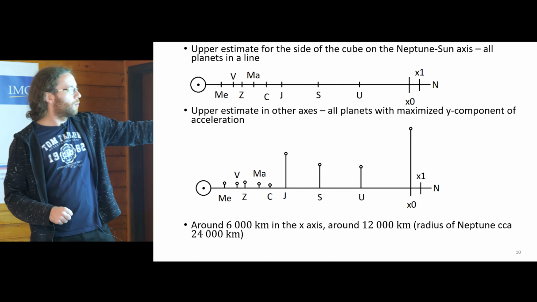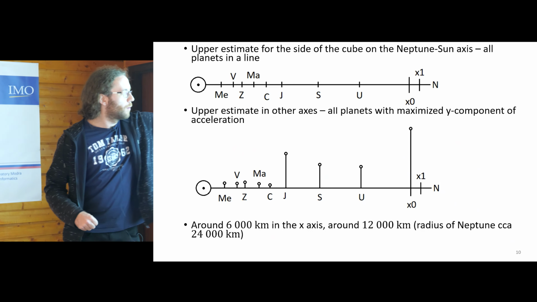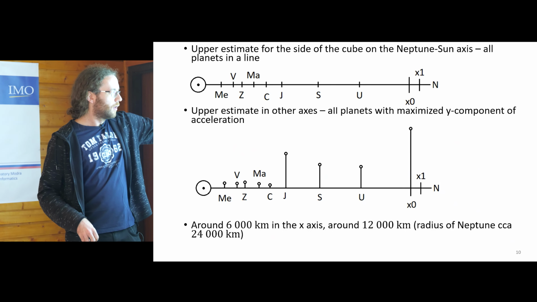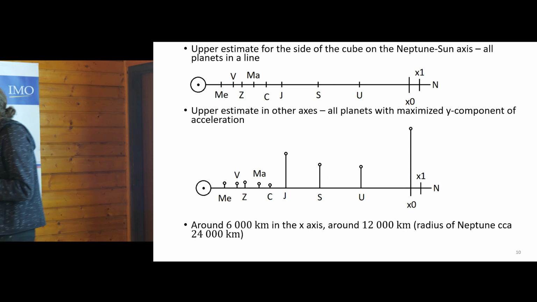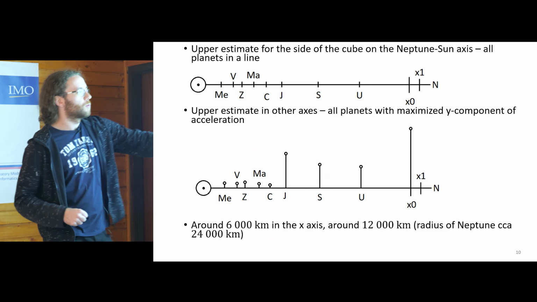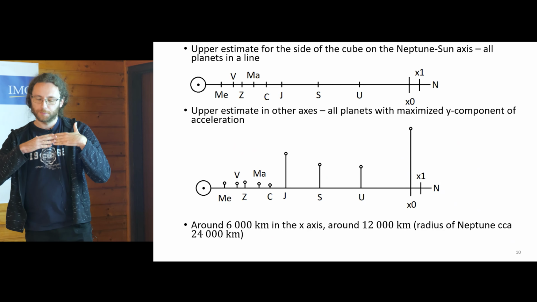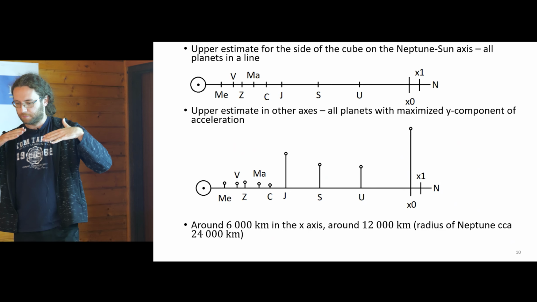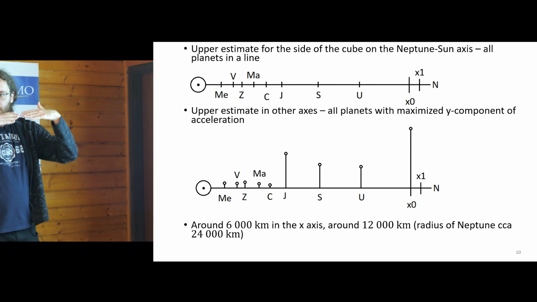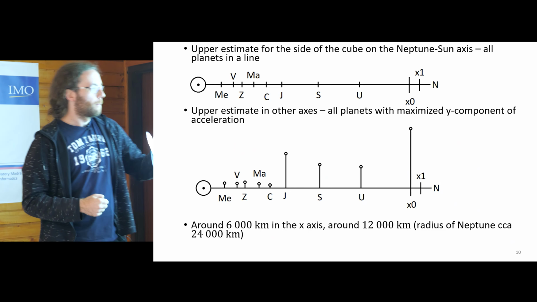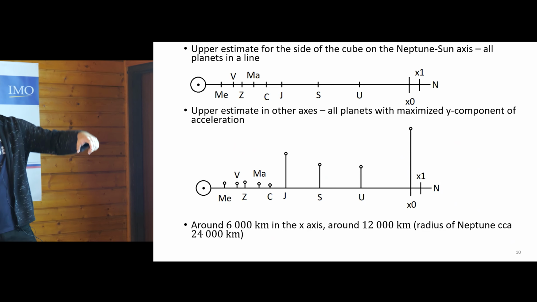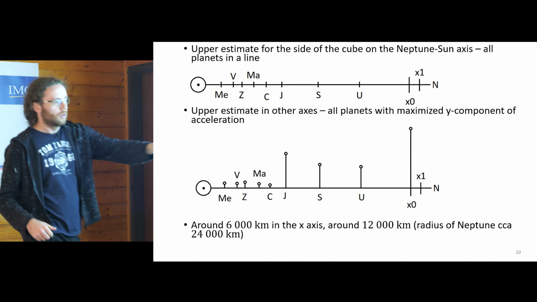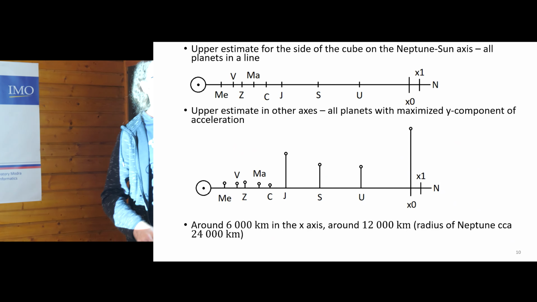And after some calculation, where we basically put all the planets somewhere in the y direction where their y component of gravitational acceleration will be maximized, which also is not really a physical configuration because those planets have their planes of orbit at some angles between them, we can still get an upper estimate of this length, and it turns out that this y component is twice as much as this x component.